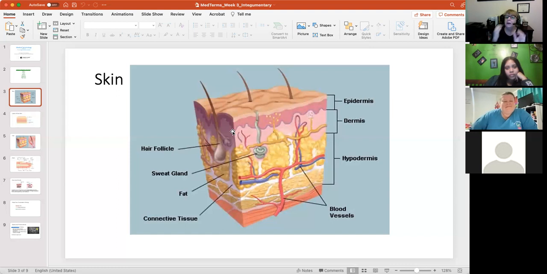But this is important because as you get experience reading nurse and physician documentation, you will see references to these aspects of the layers of the skin. And it is important that you know to what it is referring.